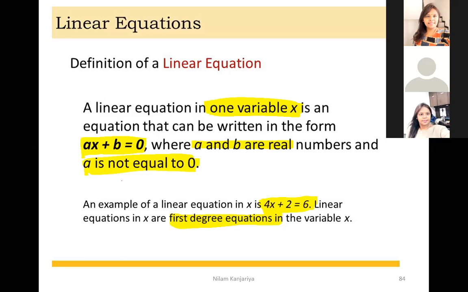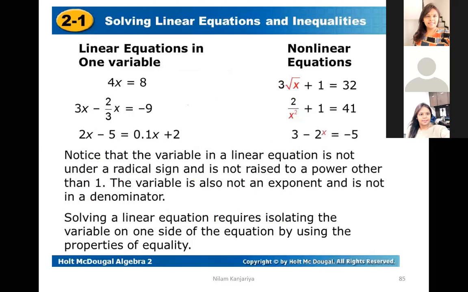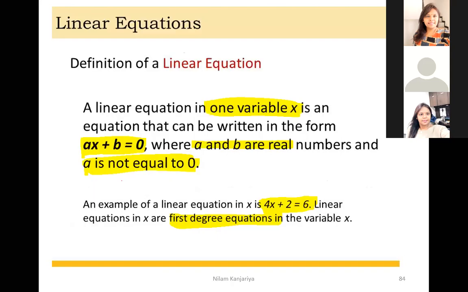But this is just for your information, because in your syllabus you have a linear equation in two variables. So let's discuss the two variables. First of all, look at the screen. There are some examples of linear equations and some non-linear equations. A linear equation has this form: ax plus b is equal to 0.